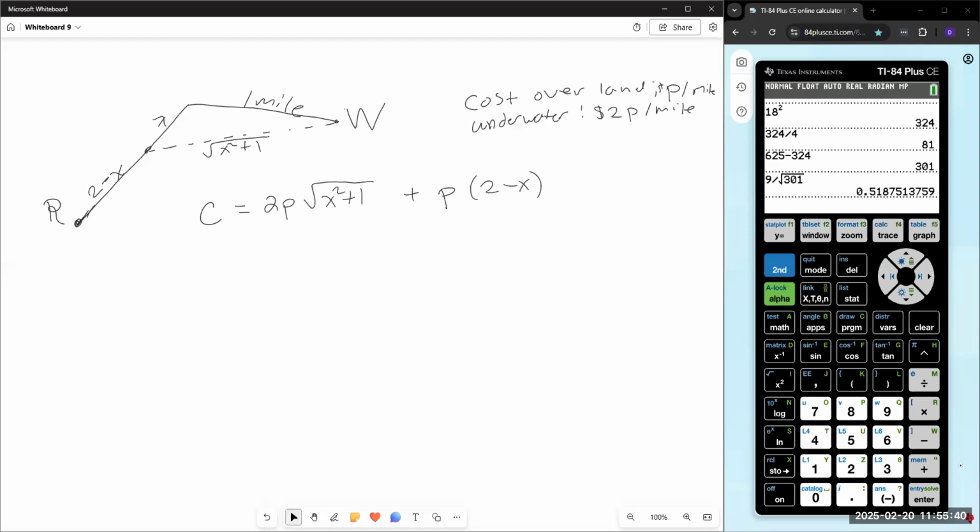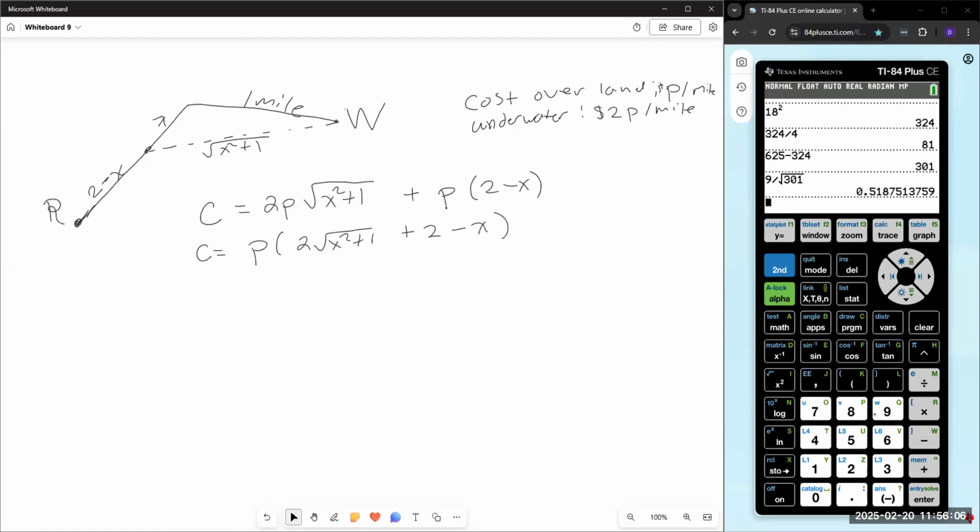No conversion factor from miles to feet this time because we didn't have a price given to us in dollars per foot. We don't need to do that. So C is going to be equal to, I could just pull P out as a constant, 2 times the square root of X squared plus 1 plus 2 minus X.